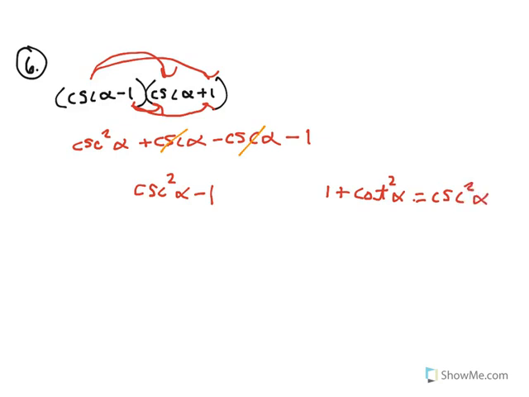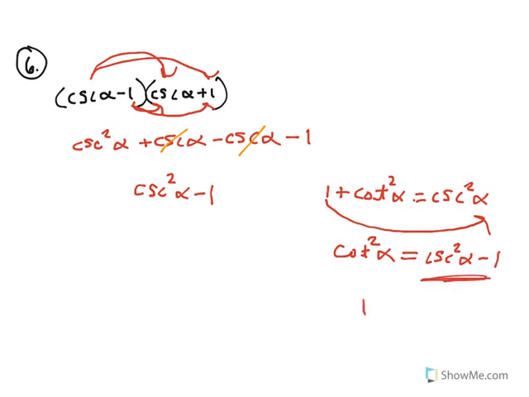So if we subtract the 1 over to this side, so subtract 1 from the left, you're going to be left with cotangent squared. And on the right, you're going to be left with cosecant squared minus 1. So cosecant squared minus 1 is identical to cotangent squared, so we can replace this with cotangent squared. So the original statement will simplify to just cotangent squared.